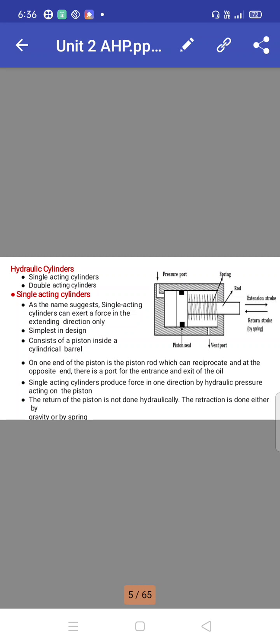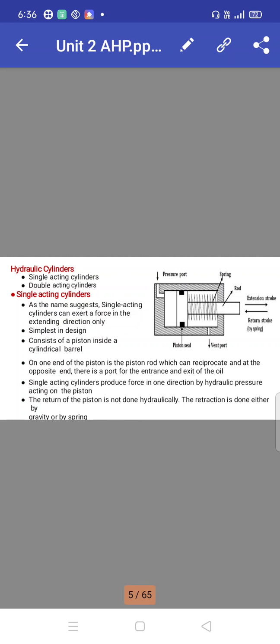Then hydraulic cylinders. Hydraulic cylinders may be categorized into single acting cylinders and double acting cylinders. As shown here, as the name suggests, single acting cylinders can exert a force in the extending direction only. Simplest in design, it consists of a piston inside a cylinder barrel.